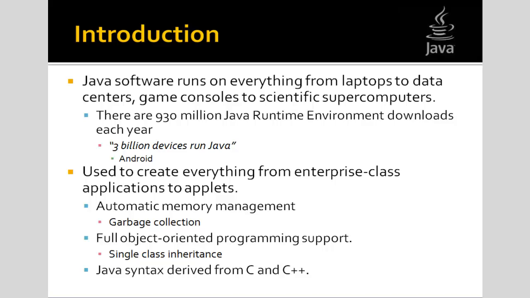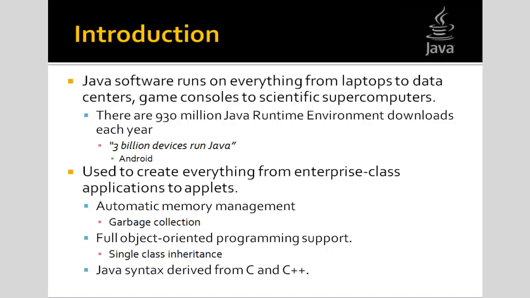Java is wildly popular with nearly 1 billion downloads of the runtime environment every year. Current estimates suggest that there are 3 billion devices that run Java, including Android-powered smartphones. So we can use Java to create anything from an enterprise-class application for a multinational global corporation to a small applet that'll run on a smartphone.